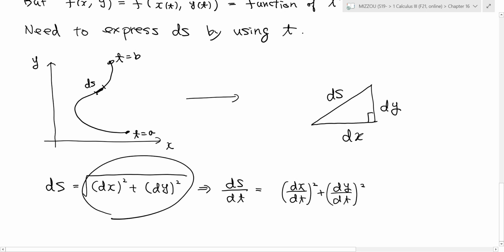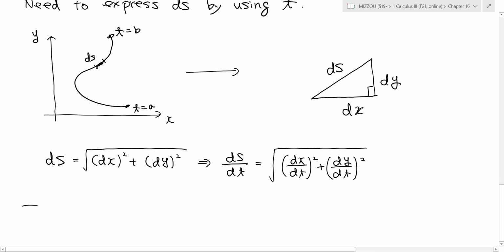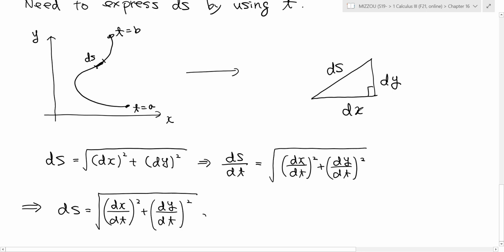Okay, so from this, you'll see ds is the square root of dx dt squared plus dy dt squared, times dt.